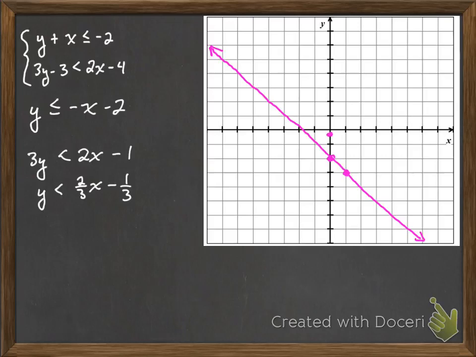From there, we're going to go up 2 units, so up 1 and then up 2, and then we'll go over 1, 2, 3. That'll put us right here. All right, this is less than only, so we will make a dashed line.